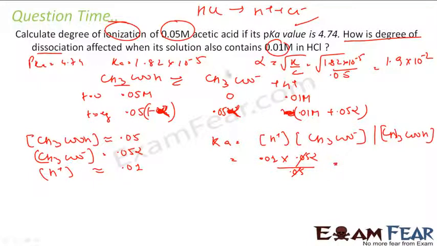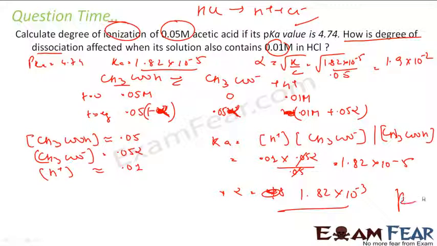And this is equal to K, 1.82 times 10 to the power minus 5. You solve this, you get alpha as 1.8 times 10 to the power minus 3, a very small value. So what we have done is, when we started, we already had some hydrogen ion concentration from HCl. That is the only thing here.